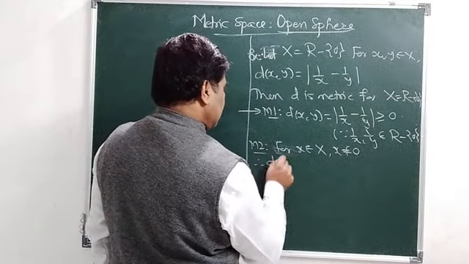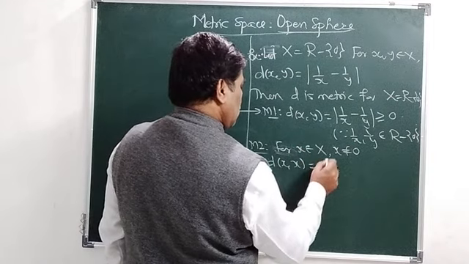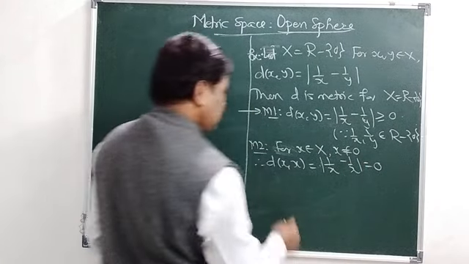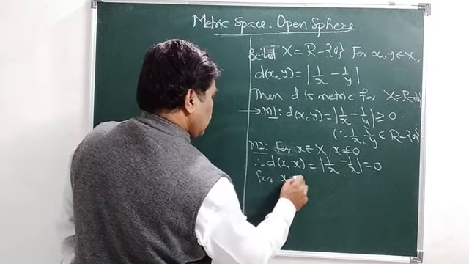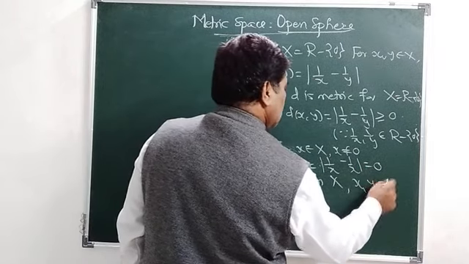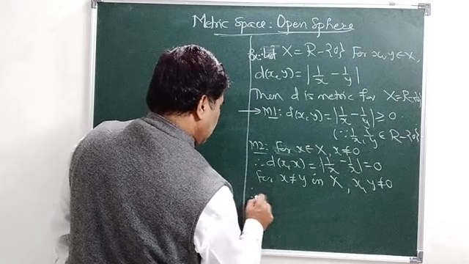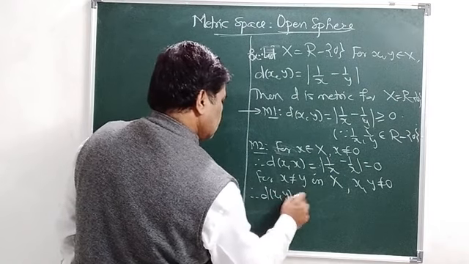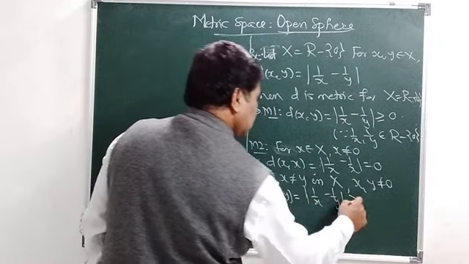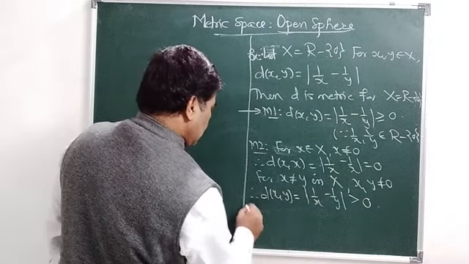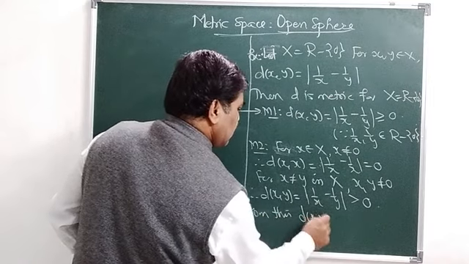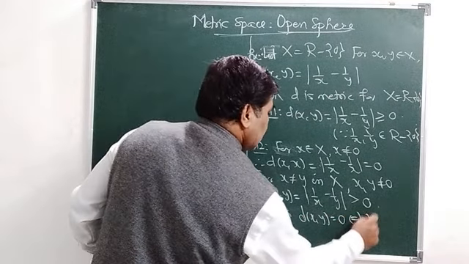Therefore d(x, x) is mod of 1/x minus 1/x, which is 0. For x not equal to y in X, x and y are non-zero, and therefore d(x, y) equal to mod of 1/x minus 1/y is real and strictly greater than 0. So from this, d(x, y) is 0 if and only if x is equal to y.